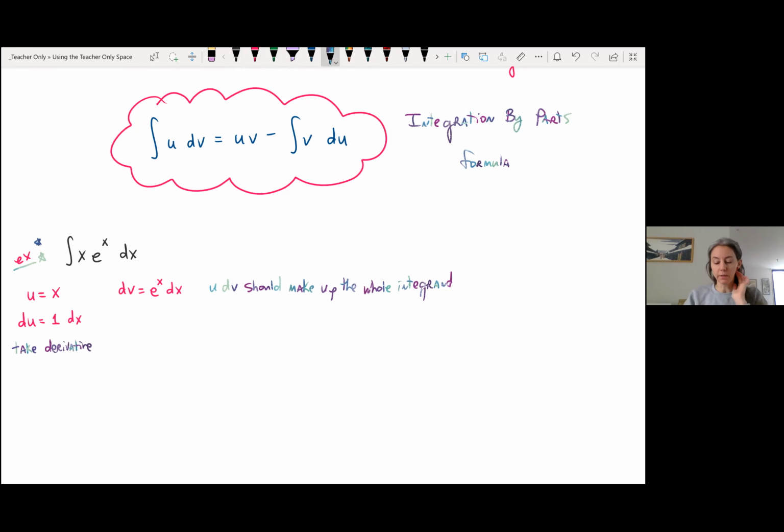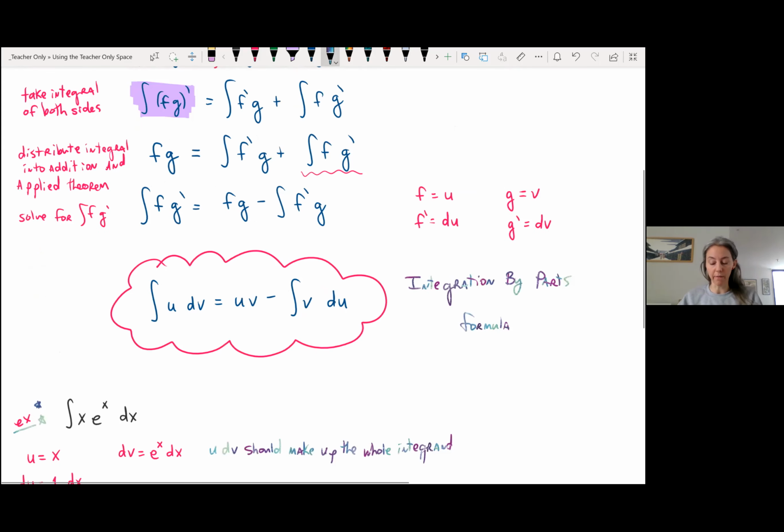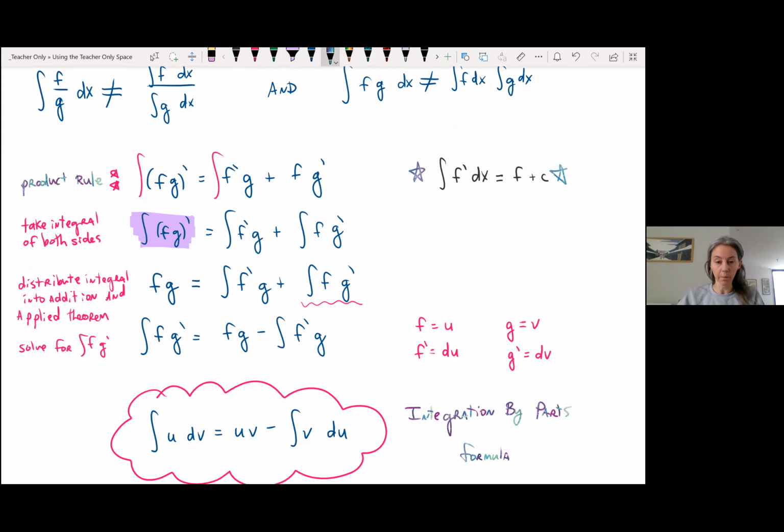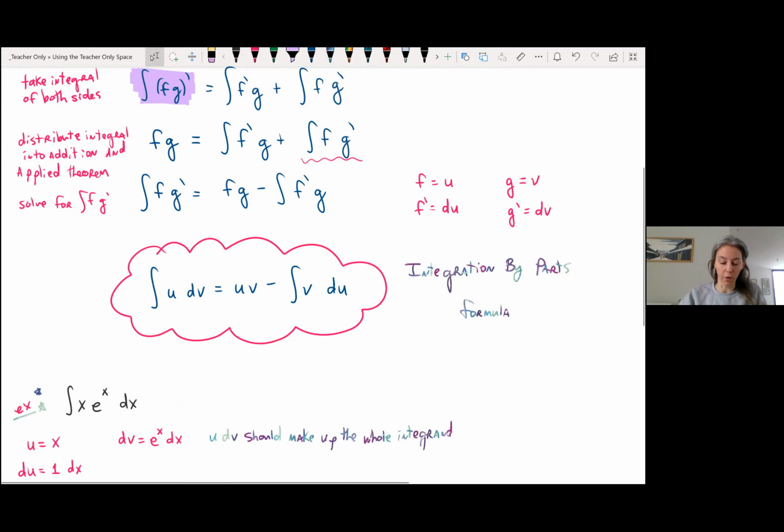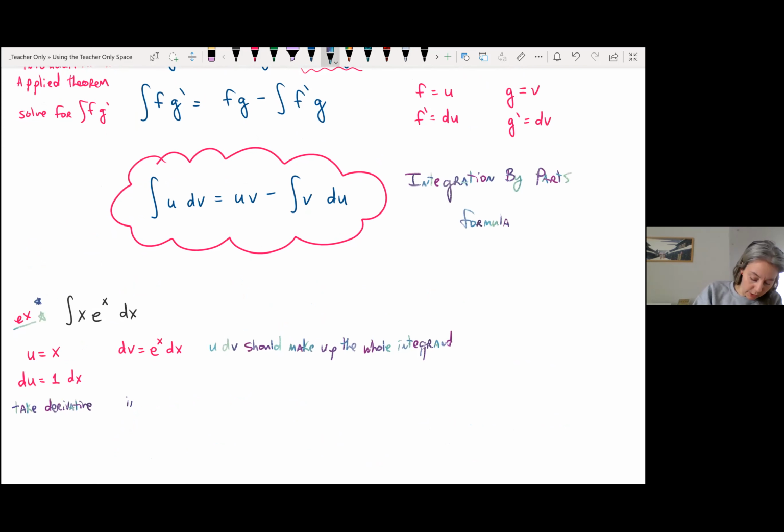So to get v from dv, again, we're just using that fundamental theorem that we had right here. We just take the integral. So here I am integrating. And when I integrate dv, I get v, and we know that the integral of e to the x is just e to the x. So we don't need to do a plus c here. That'll just kind of get in the way and make things more complicated.